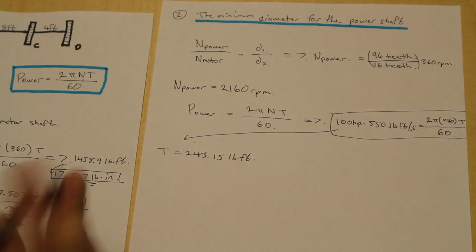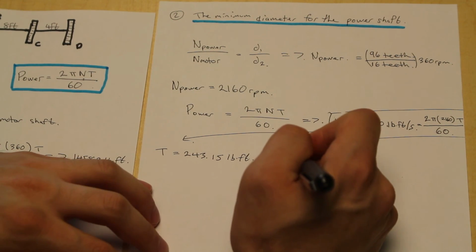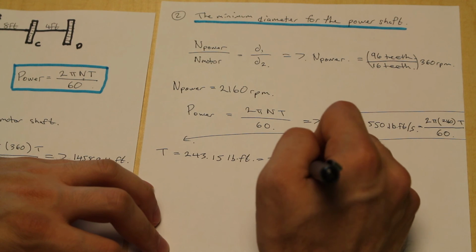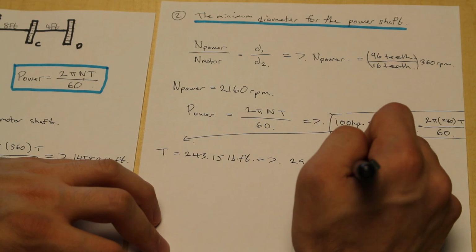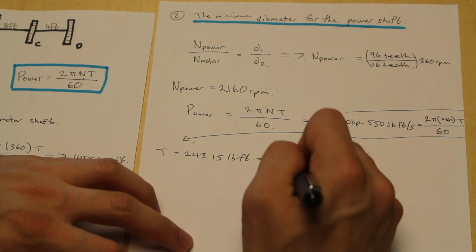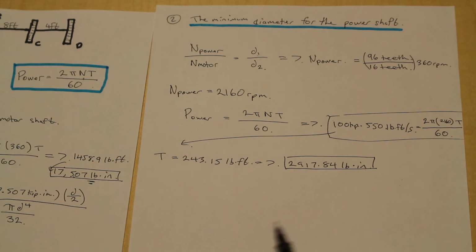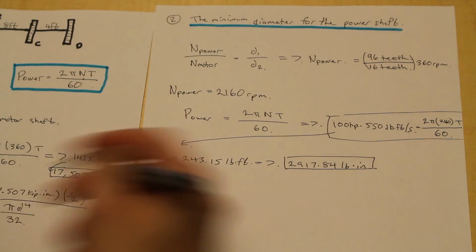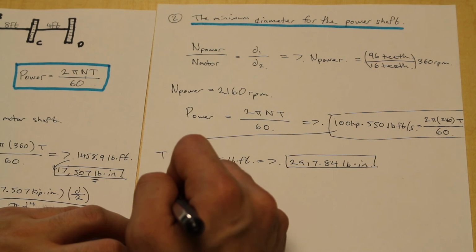We get 243.15 pound-feet. Like we did before, let's convert that to pound-inches because we're going to be working with inches. So we're just going to multiply that by 12. Okay, we have our T. Now, what do we do next? Simple, same thing. We want to solve for the minimum permissible diameter, and we're given the maximum shearing stress in the shaft, same as the last part, which was 12 ksi.